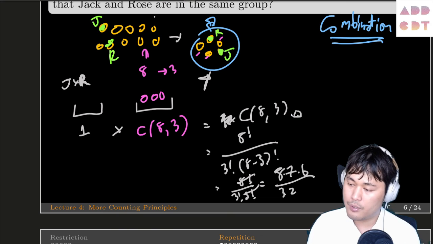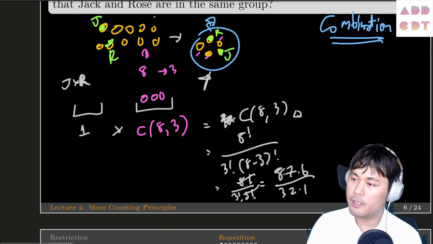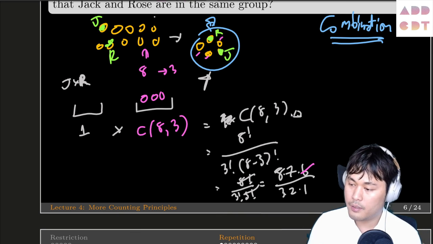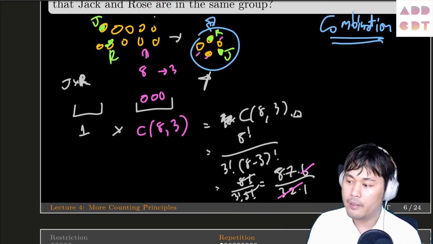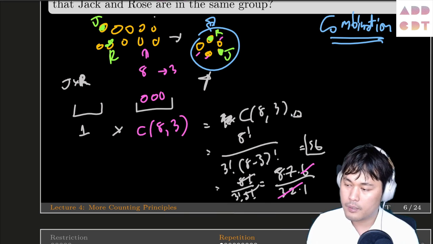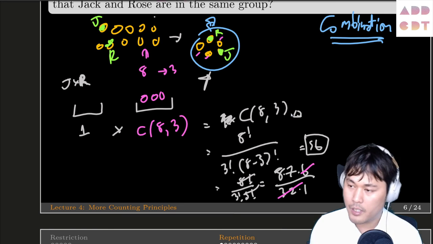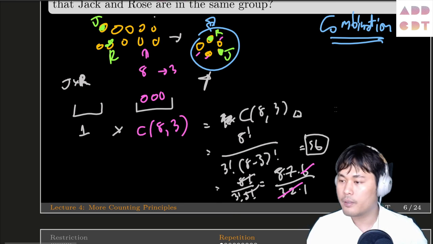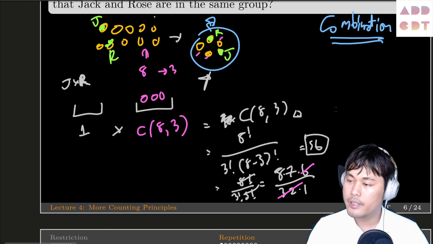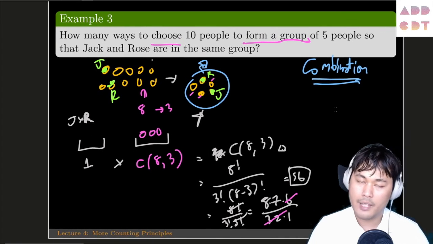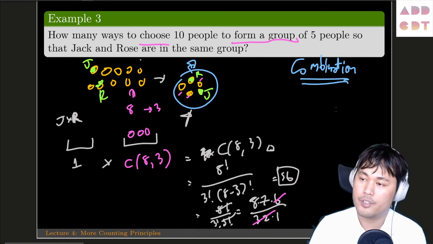And then we have 3 times 2 times 1. And here we can cancel 6 and 3 times 2. And then we are left with 56. So the answer is 56. There are 56 ways to form this group with that requirement or with that restriction.